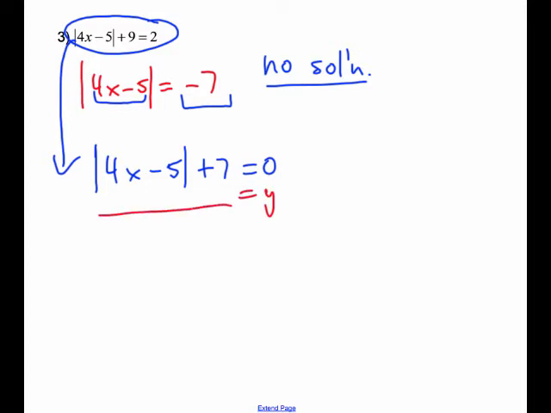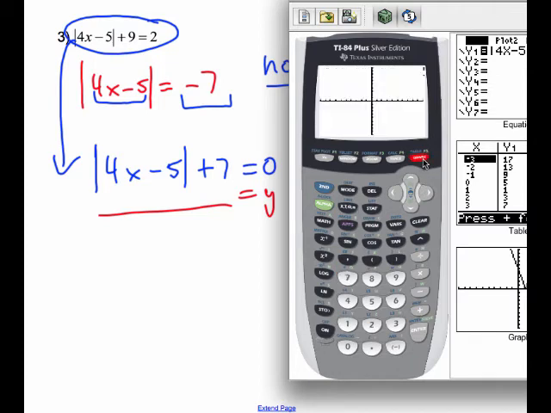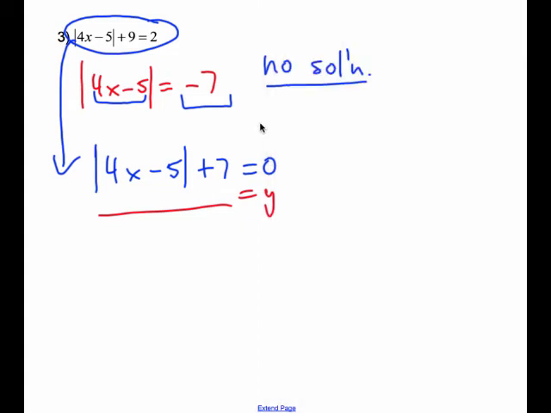And any potential solutions should be x-intercepts of the graph. So if I do my graph, I see it's up here. Where does y equal 0? It never does. There's a graphical indication that there is no solution.